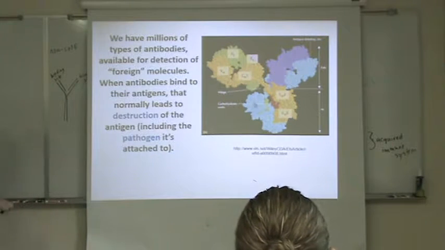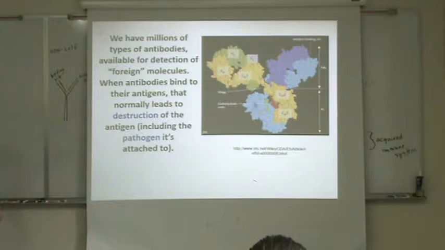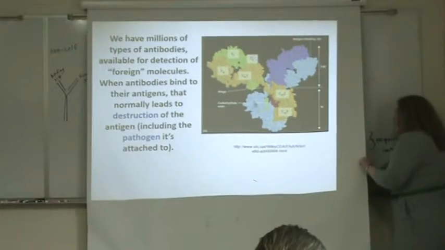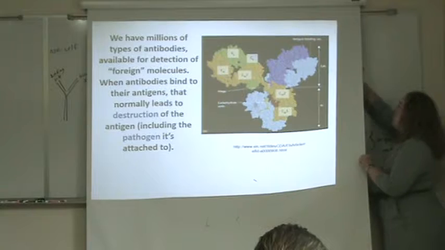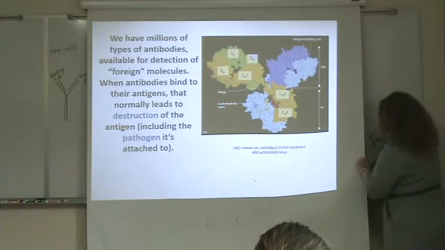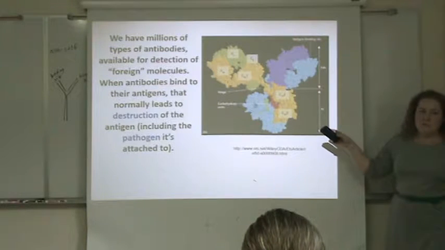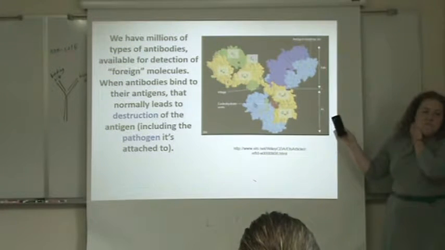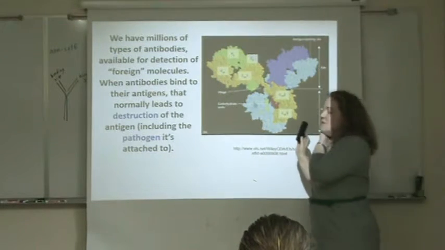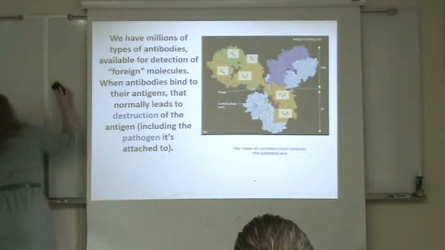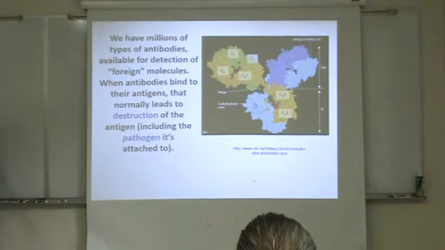And also remember, if people have autoimmune diseases, they are making antibodies against their own antigens, and their own antigens will be destroyed. There's an autoimmune disease called myasthenia gravis, and it destroys nerves, specifically in the throat.